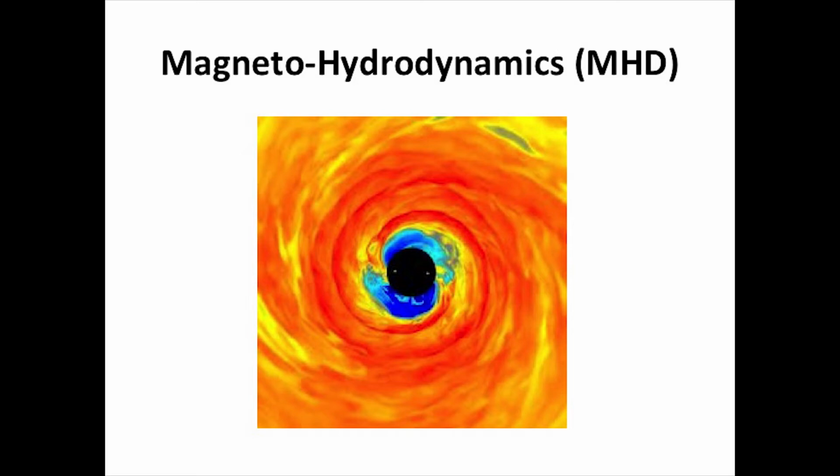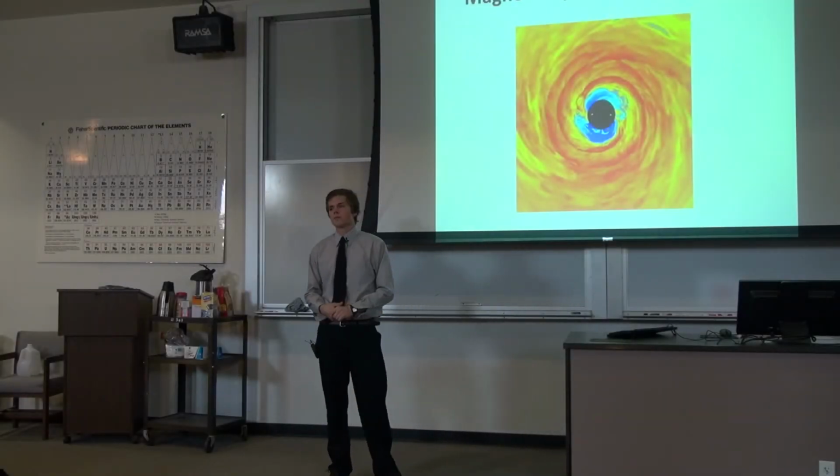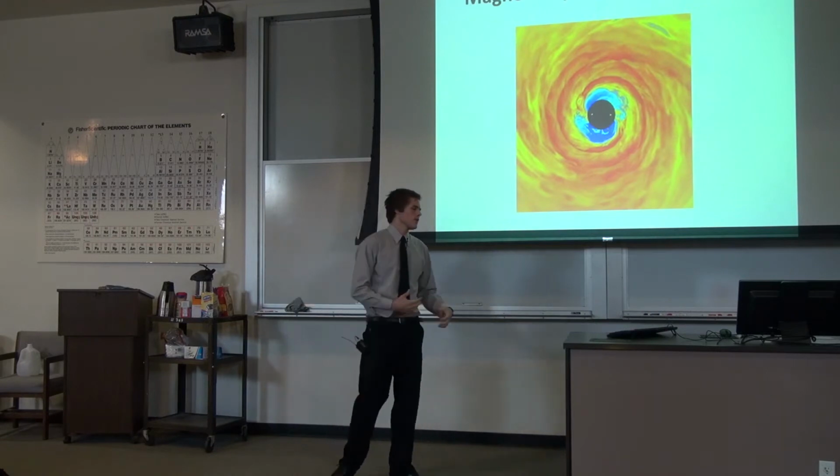So magnetohydrodynamics, big, ugly word. What is it? Magnetohydrodynamics is basically the study of the dynamics of an electrically ionized fluid. What that means is you have a magnetic field within your fluid, and that magnetic field is going to ionize particles within there, and it's essentially going to apply forces to your fluid that are going to affect the dynamics, and also affect the magnetic field itself.